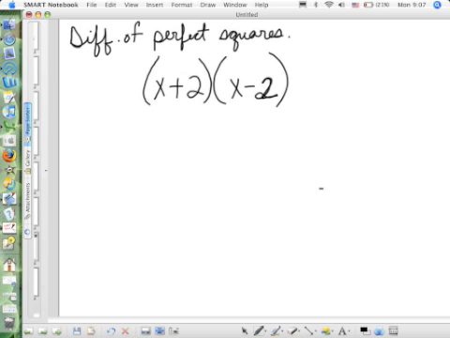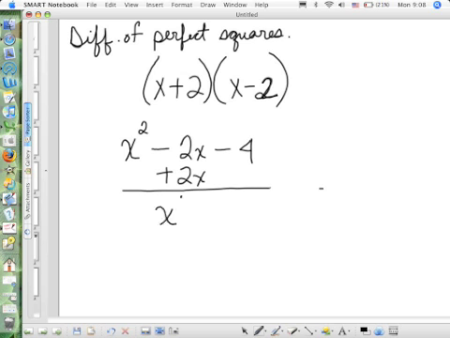First times first is x times x. Outer times outer is negative 2x. Agree? Inner times inner is plus 2x. And last times last is minus 4. What happens when you put those two middle terms together? They zero each other out.